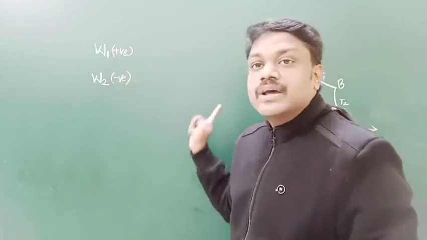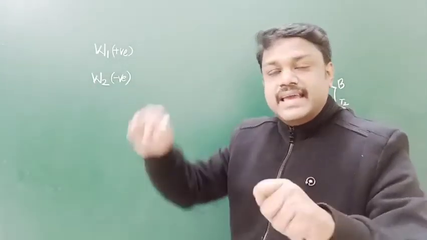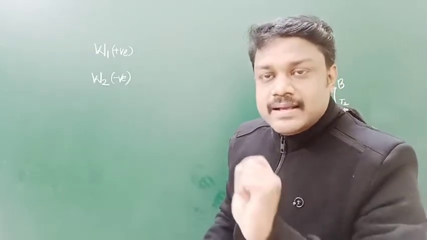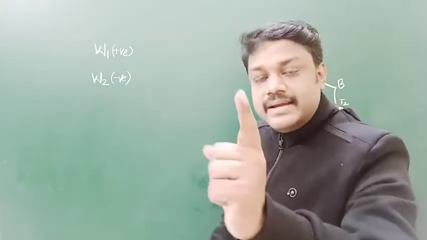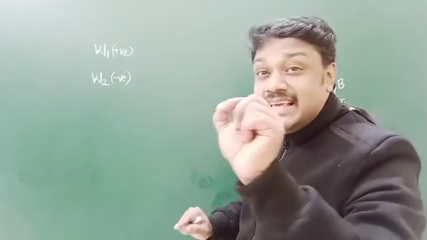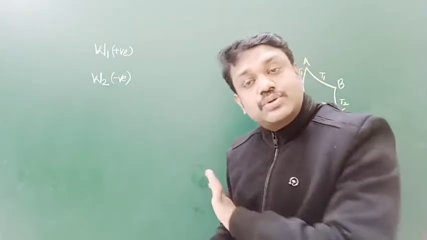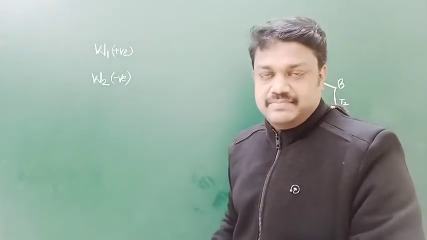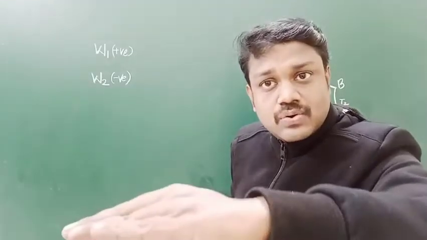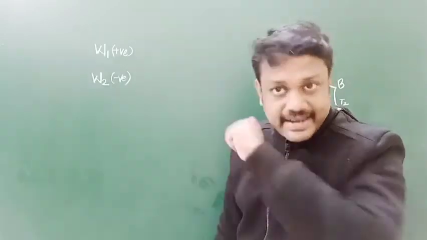Since it is an isothermal process and our system is an ideal gas, for an ideal gas the internal energy is strictly kinetic. Kinetic energy depends upon temperature. But here the first process is an isothermal expansion, which means during that process the temperature is not changing. Temperature not changing means its kinetic energy remains constant, which means its internal energy remains constant. Are you getting that?